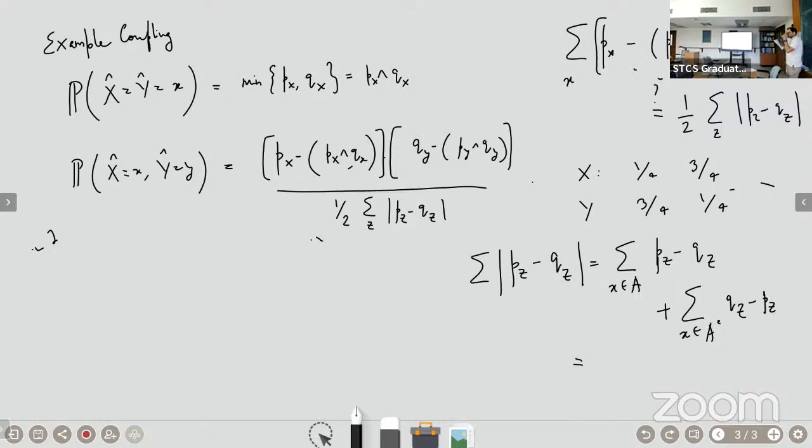So the negative summation over x in A complement is basically 1 minus the positive part, or something like that.